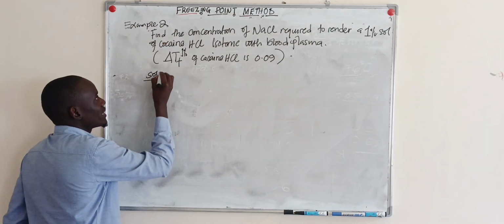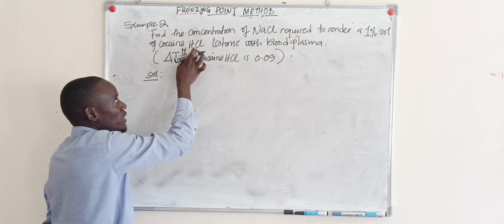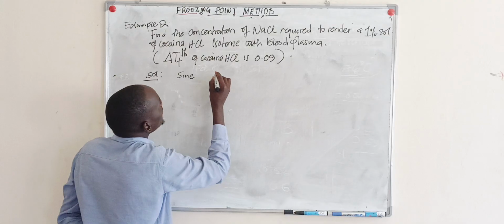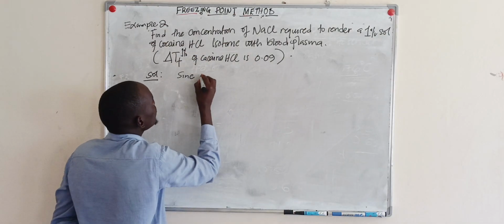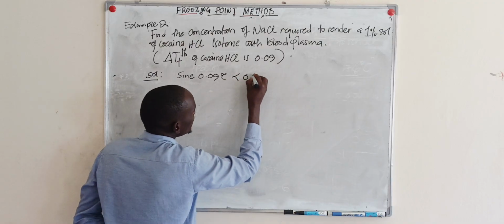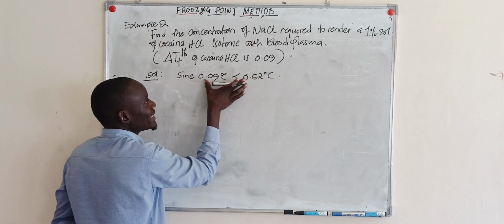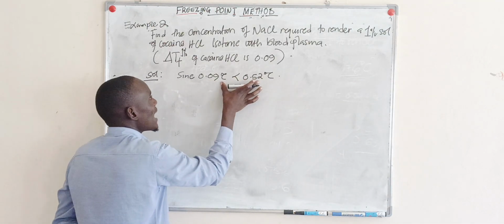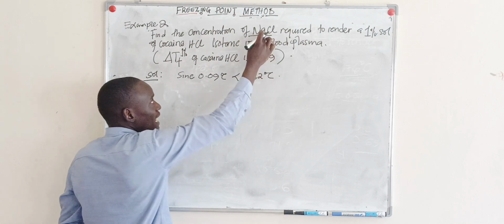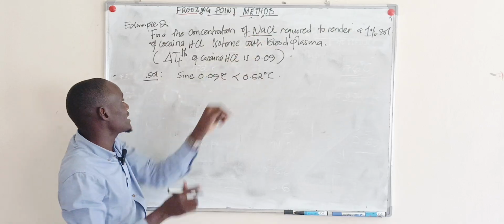We say the first thing you compare, if you have one ingredient, like in this case we only have cocaine hydrochloride, we shall say since the freezing point depression of cocaine, which is 0.09 degrees C, is less than 0.52 degrees C, we shall get the difference between the two. And the remainder will be the freezing point depression required for the adjusting substance, which in this case is sodium chloride.